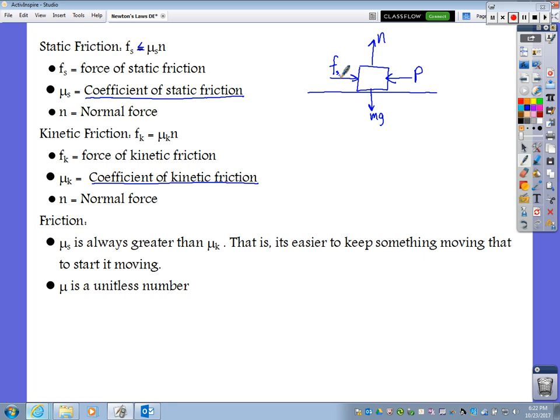If I push on it with 2 Newtons and it's still not moving, the friction force would now be 2 Newtons. The friction force can't be larger than the pushing force, otherwise it would be accelerating in the opposite direction, which doesn't make sense. So sometimes the static friction is less than mu times N. Mu times N is the largest it can be.